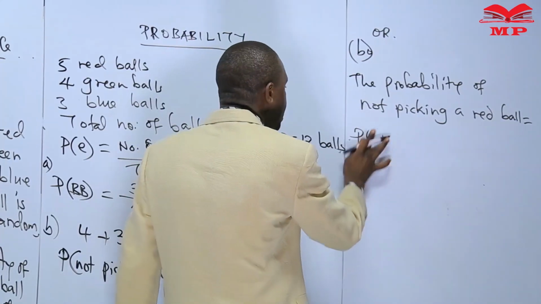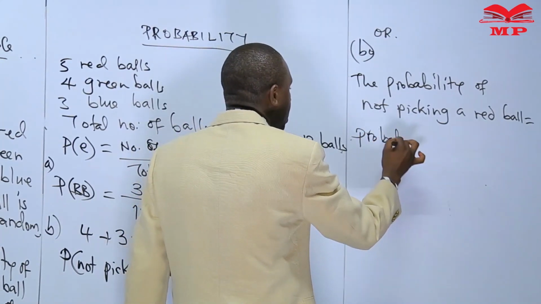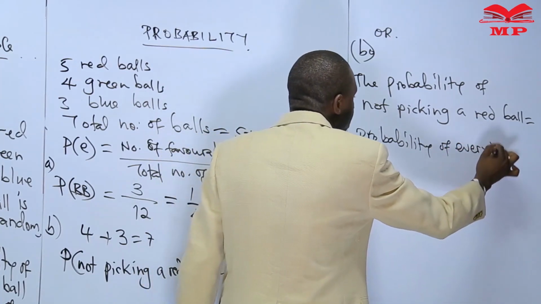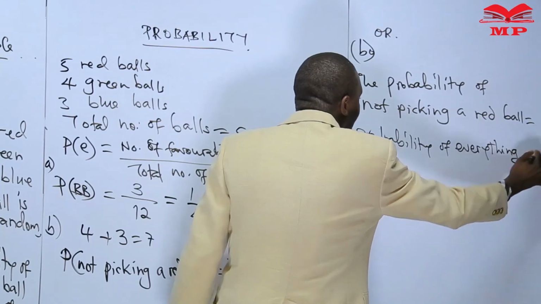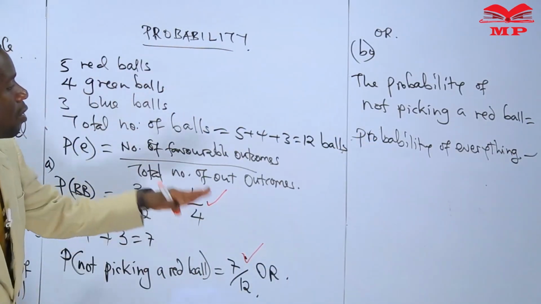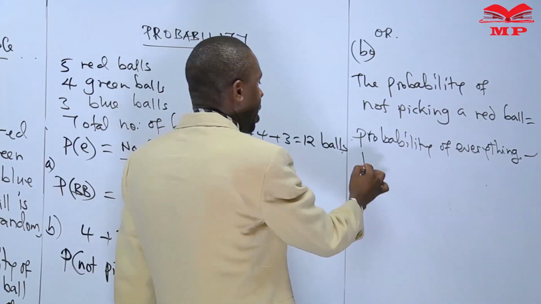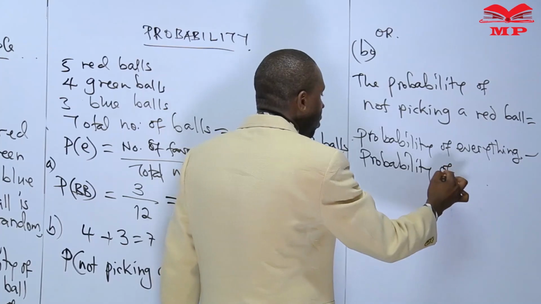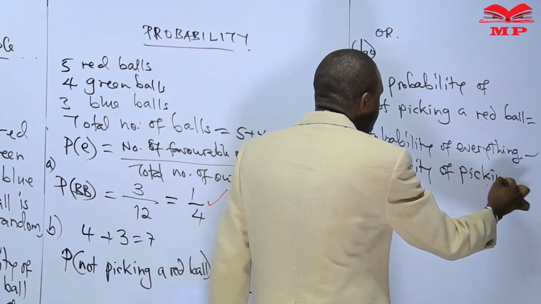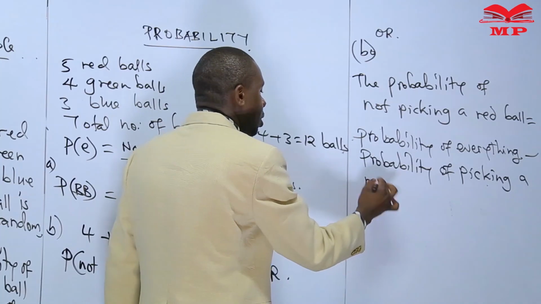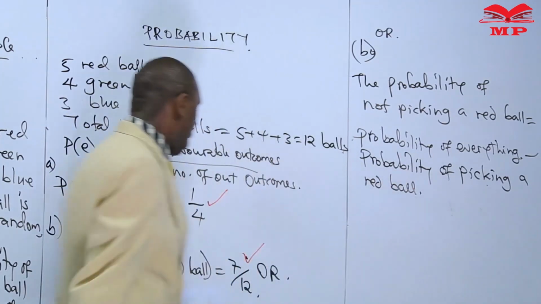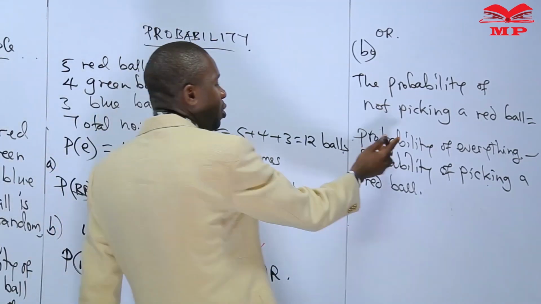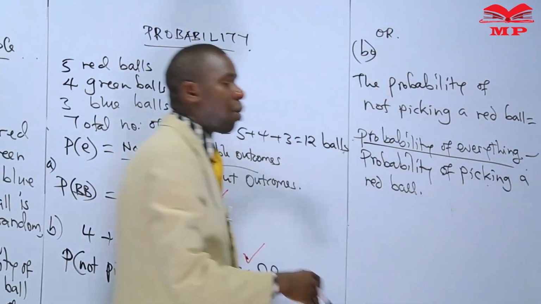So this is the probability of everything minus the probability of picking a red ball. Now, in the first instance, the probability of picking everything is a certain probability.